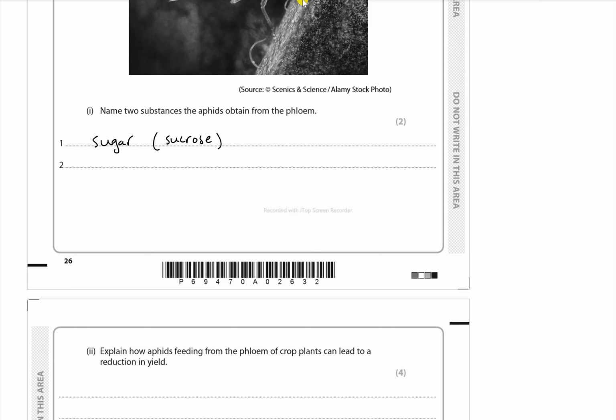Now watch this. They're saying reject starch because that doesn't flow around. That's just stored insoluble. And they're saying reject glucose. Right, and the other thing you'll find is amino acid.